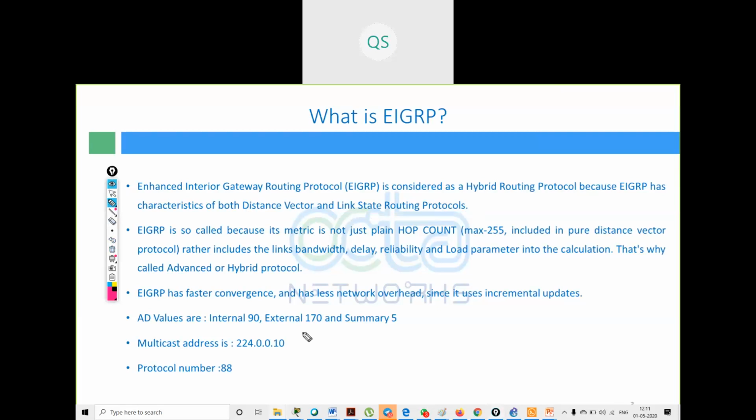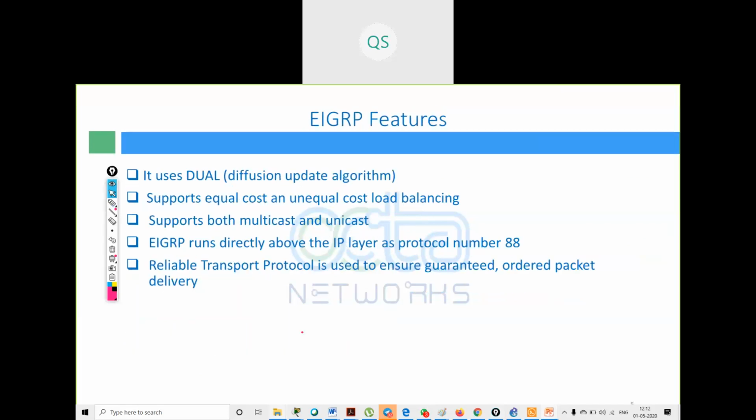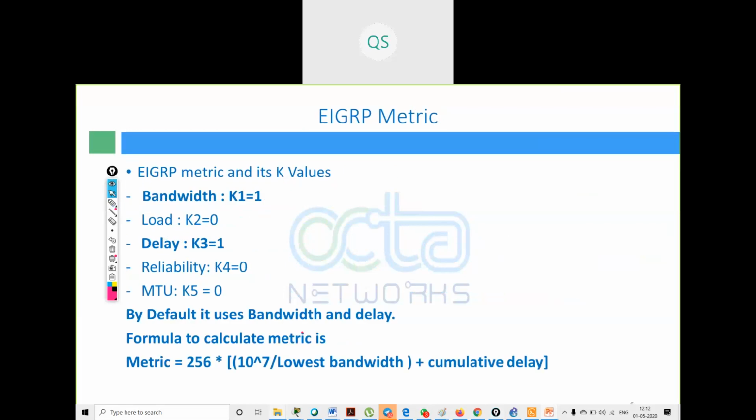Understood? I have given you all these points. Triggered updates, multicast address, DUAL algorithm, K values. These are the K values: bandwidth, load, delay, reliability, MTU. The rest of the values are zero.